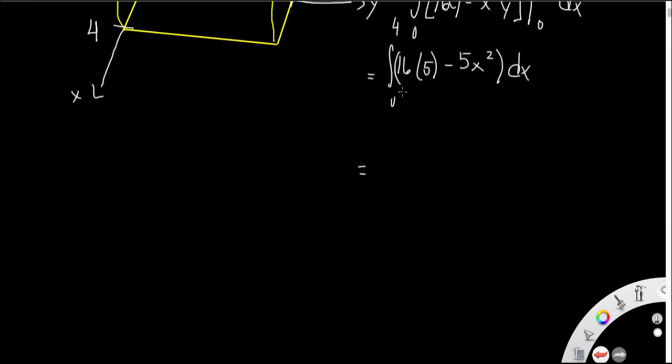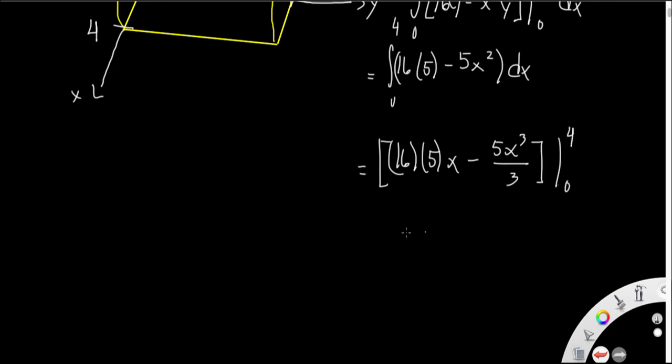The antiderivative of 16 times 5 is 16 times 5 times x, minus 5x cubed over 3, evaluated from 0 to 4. We'll get 16 times 5 times 4, minus 5 times 4 cubed over 3.